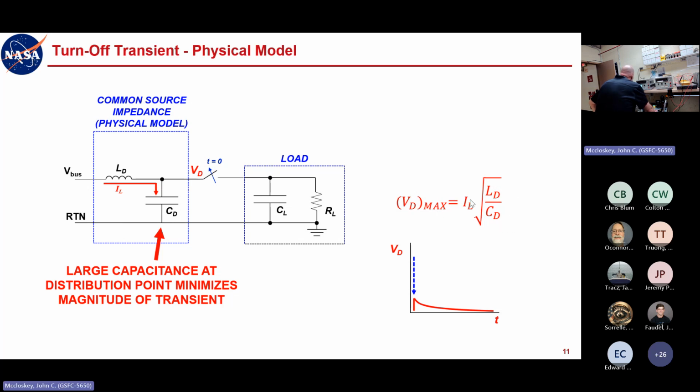And so even pulling several amps here, if your Z naught is less than an ohm, you're not going to get much of a transient here. So it's important to understand that about your platform. Again, my mantra: know thy platform. Because if your power distribution is designed like this, with a big capacitor bank at the distribution point, transients are not likely to be a significant problem.